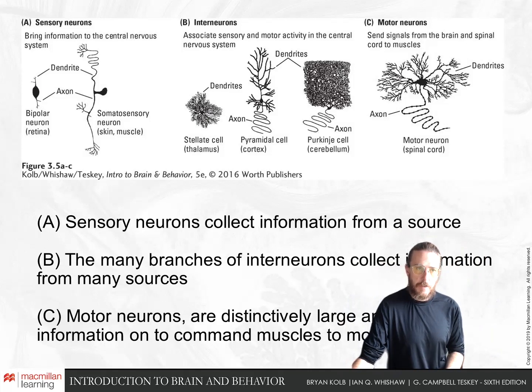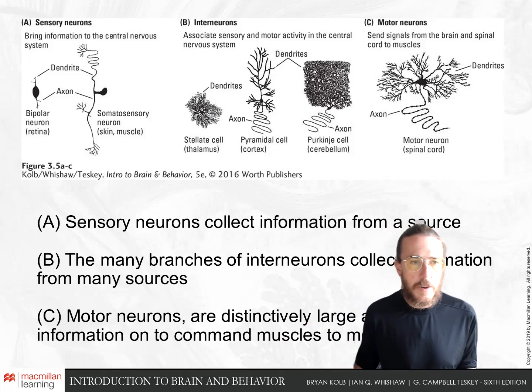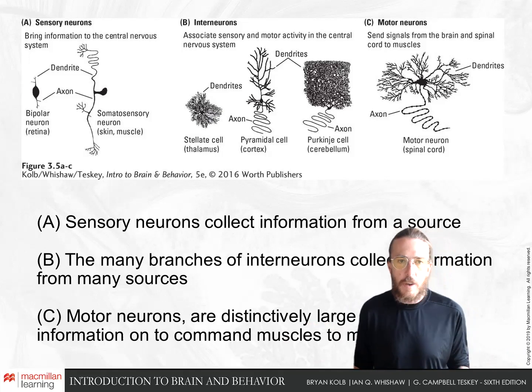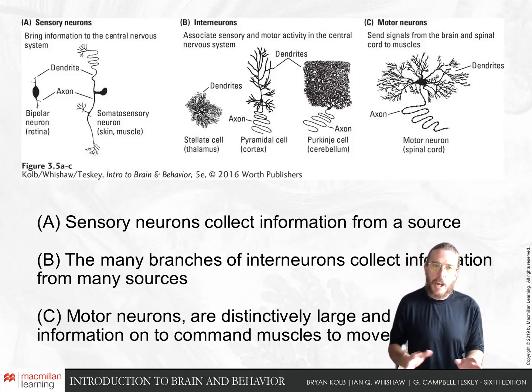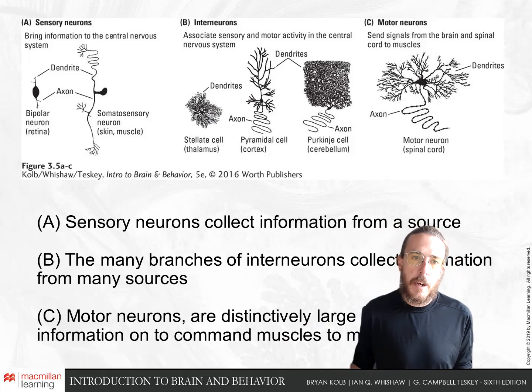You can see how this structure would be very good for integrating information from all the local neurons. The pyramidal cells in the cortex, which have these large dendrites and long axons, and Purkinje cells in the cerebellum, which have these gigantic arborizations, or tree-like dendritic webs.